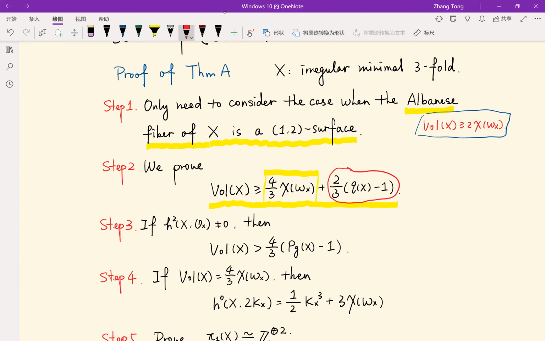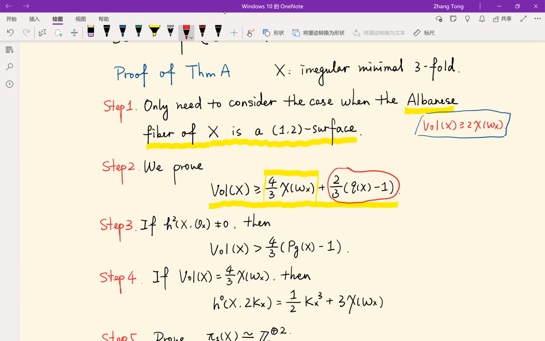Okay, and this was done by explicitly studying the relative canonical map or relative bicanonical map of the Albanese fibration. So the calculation is very long, but anyway, we achieved that, and this in fact tells us more things.